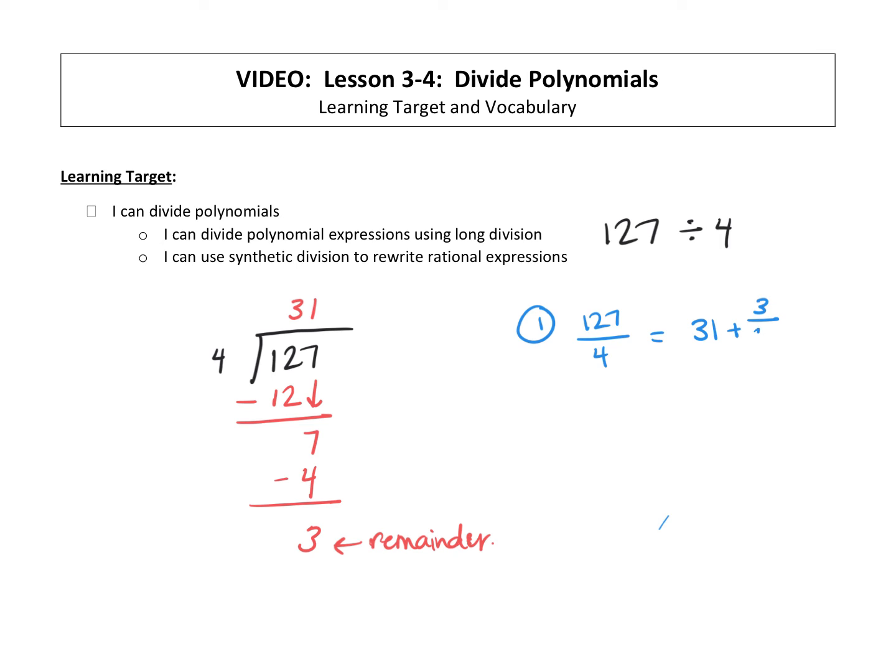So plus 3/4, which in this case, because we're just using numbers, those are like terms, we would say 127 divided by 4 is equal to 31 3/4. So that's one way that you can write your answer.